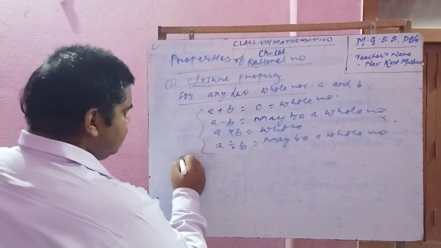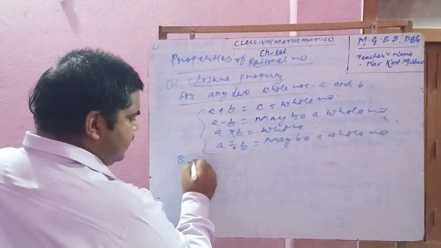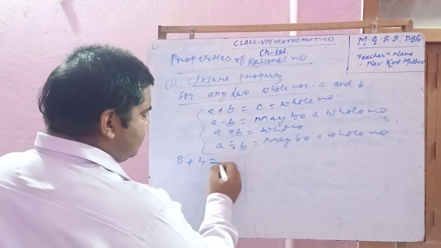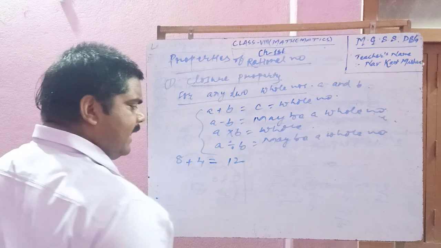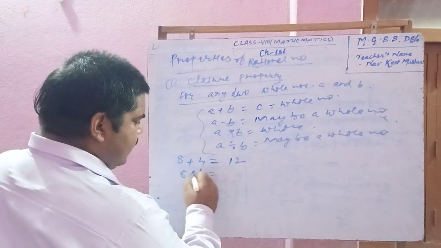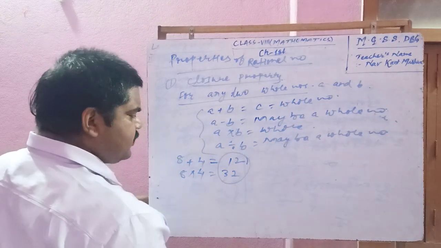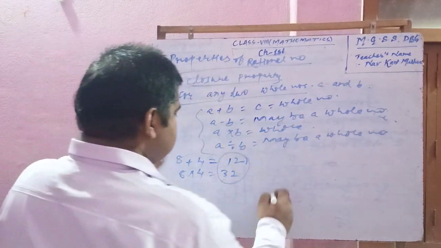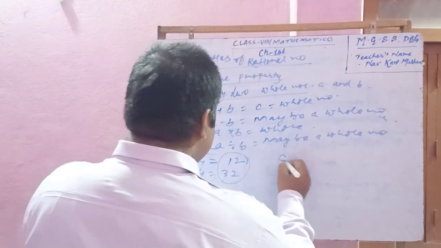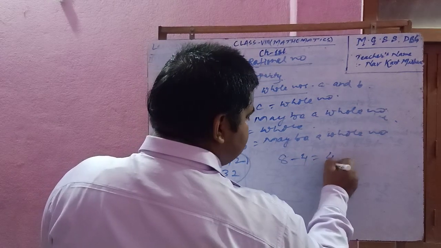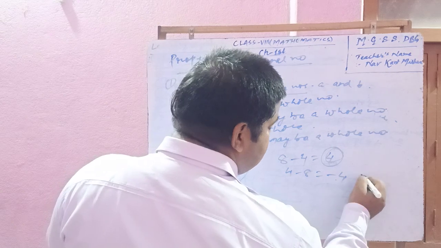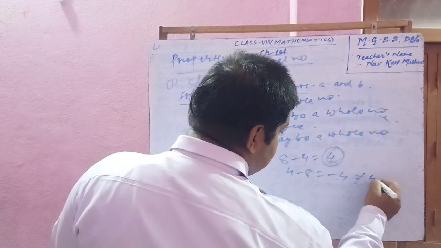For example, take 8 plus 4, 8 and 4 both are whole numbers, and the result is 12, which is another whole number. 8 multiplied by 4 is 32, also a whole number. But in the case of subtraction and division, if you check 8 minus 4, that is 4, a whole number, but 4 minus 8, that is minus 4, is not a whole number.